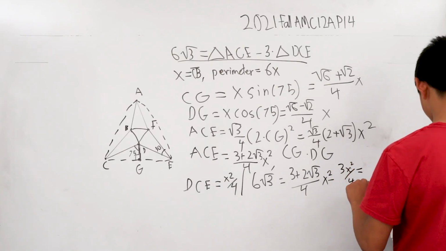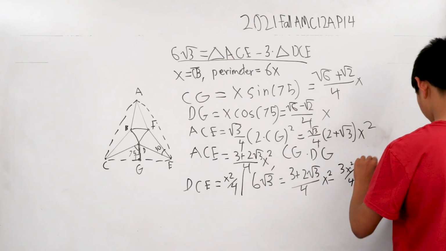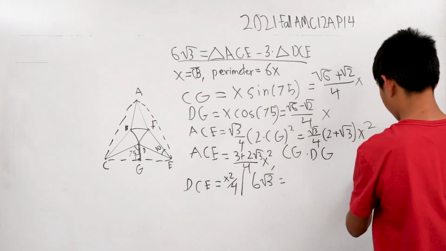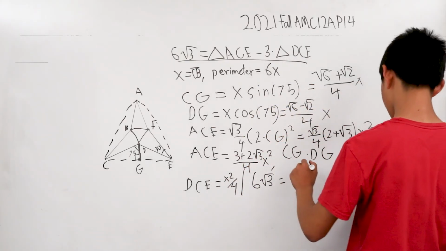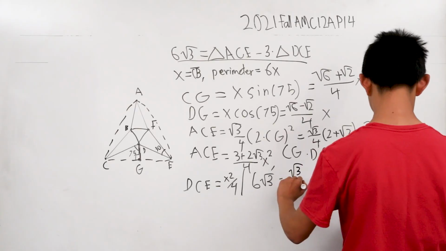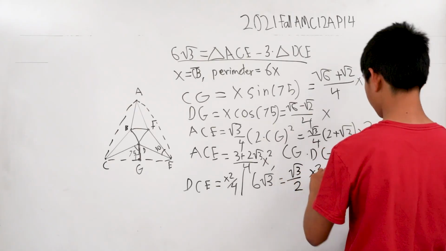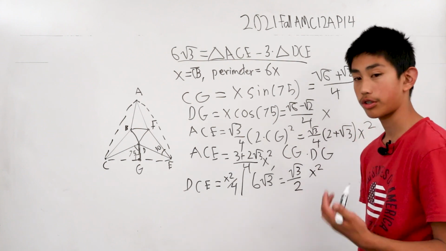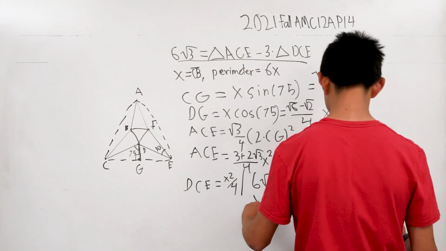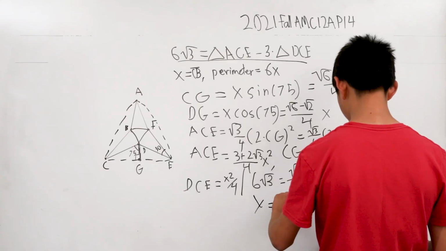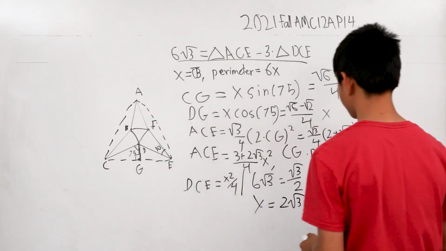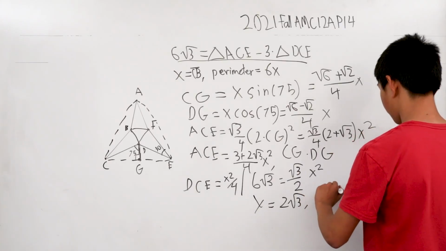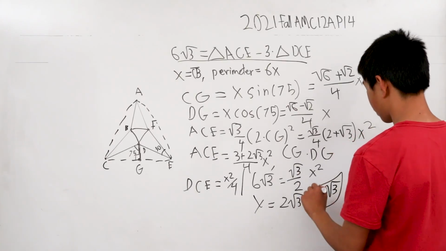This all just simplifies down to root 3 over 2 x squared. Solving for x by dividing both sides by root 3 over 2, we get that x is equal to 2 root 3. And since we want 6 times the value of x, our answer is simply 12 root 3. And that is the solution for this problem.